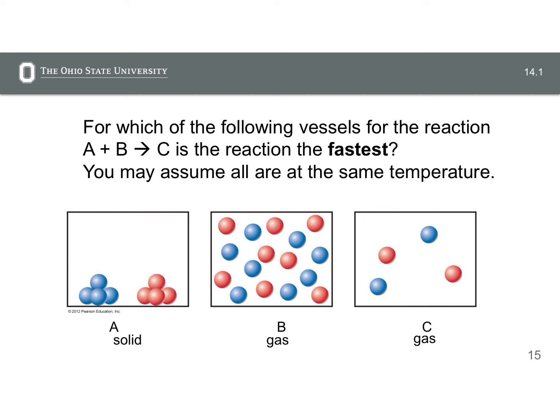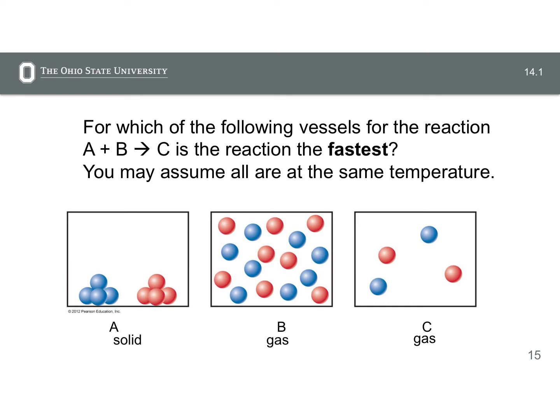Okay, so quick ABC choices here. For which of the following vessels will the reaction occur the quickest or the fastest? Assume that all are at the same temperature. Yeah, B. Why is that?